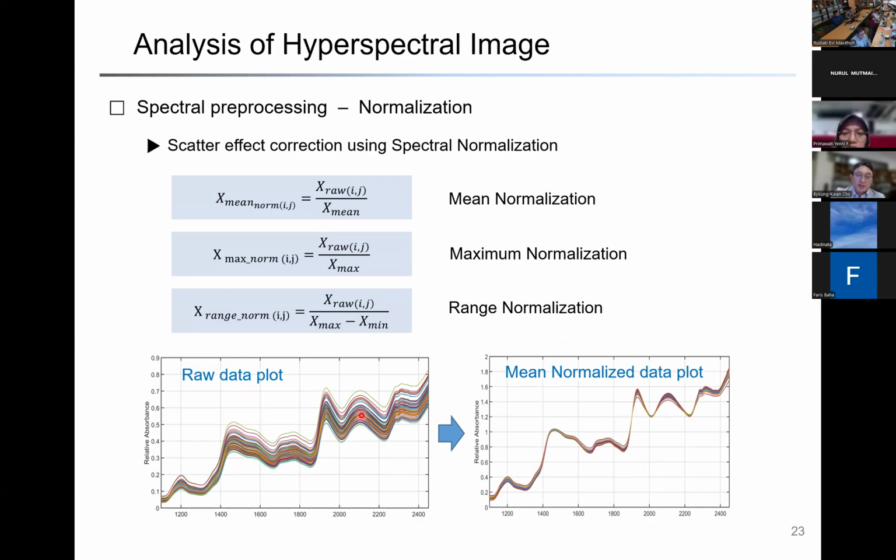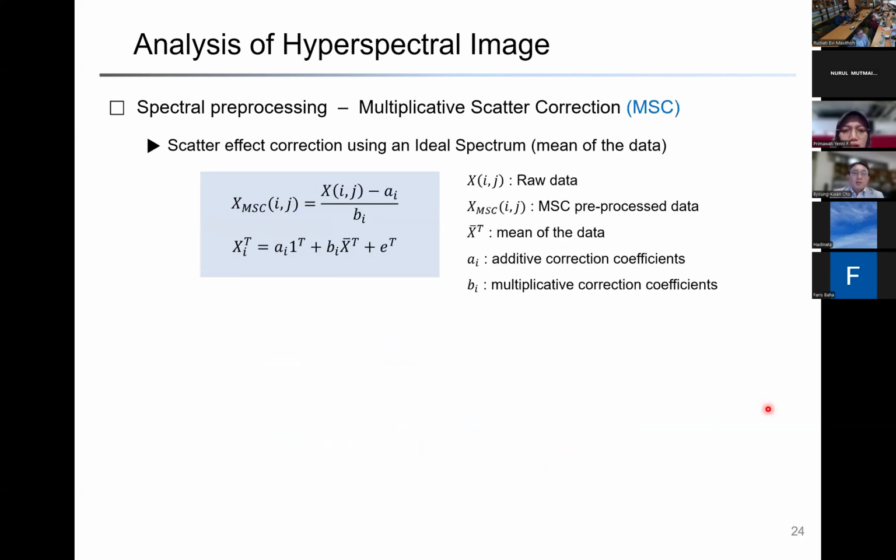So that is an example. The raw data plot looks like this. There are some scatter effects. Using mean normalization, we could minimize the scatter effect. So that is an example of spectral preprocessing. Another spectral preprocessing is multiplicative scatter correction.